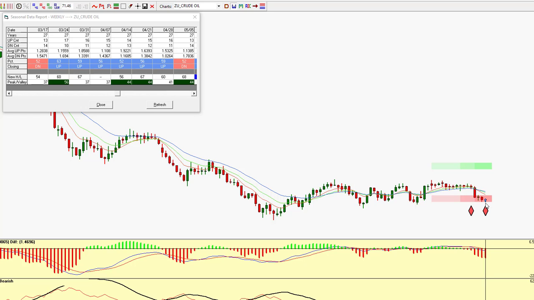Although this week is not lower than last week, it's within one bar, so we can start looking for that weekly swing bottom in this market because of this F date indication. So we're likely going to start seeing crude oil bottoming in this time period, this week, last week, no later than next week, and start moving higher.